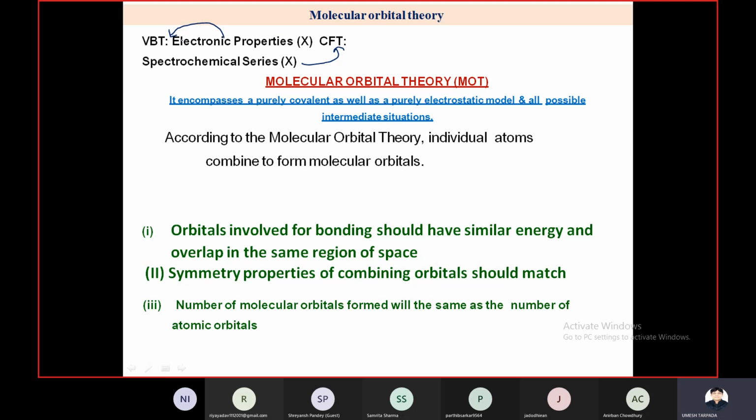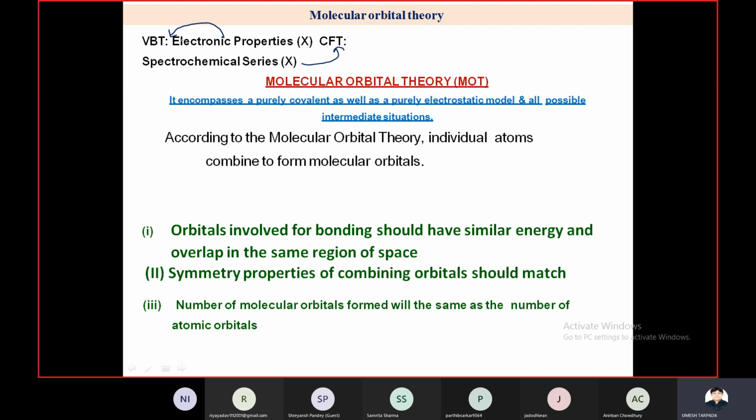This theory is a very important theory to explain how orbitals overlap, and how molecular orbitals are formed from the set of ligand group orbitals and atomic orbitals of the metal. So you can explain magnetic properties and its color spectra. Many properties can be explained using molecular orbital theory.